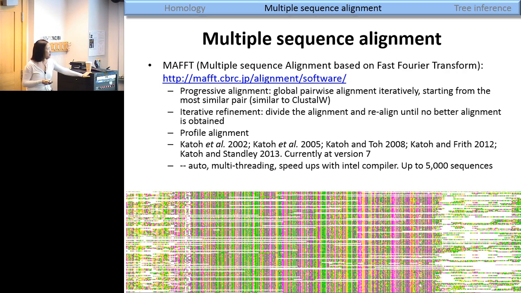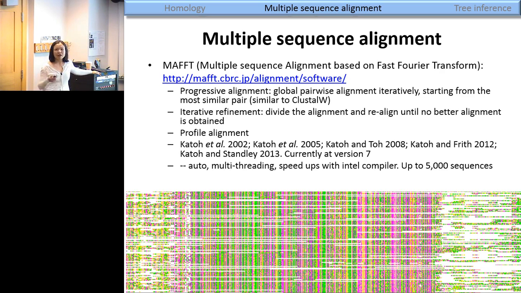So it incorporates progressive alignment, which is the oldest alignment method. That's basically what ClustalW does. That's basically what I was taught when I was an undergrad. So it basically does a distance matrix and finds the two most closely related sequences and does a global pairwise alignment, and then continues doing that.